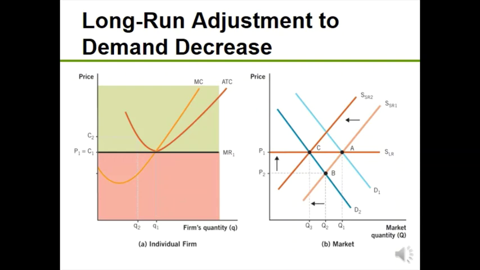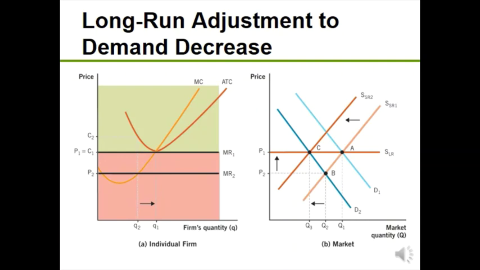Since supply has shifted in, the market output has also fallen, in this case to quantity Q3, big Q. But what's happened is this reduced supply and this reduced quantity has pushed market price back up to P1. An individual firm takes this new price as given because they're a price taker in a competitive market.